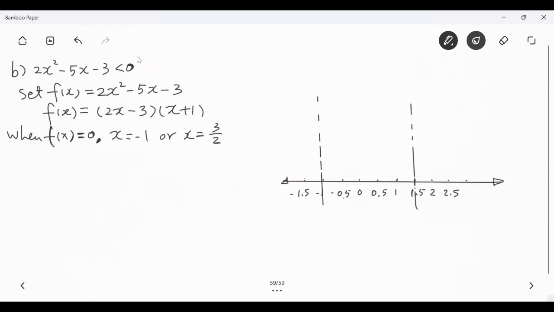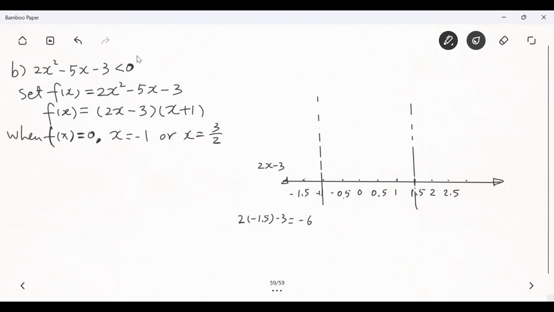The left side, when x is less than negative 1. So to check the factor, the 2x minus 3, we can use x equal negative 1.5, right? There's 2 times negative 1.5 minus 3. So it's negative 6, right?